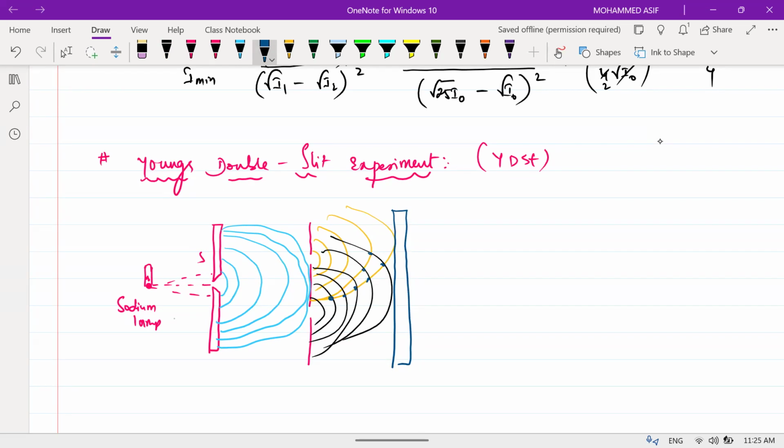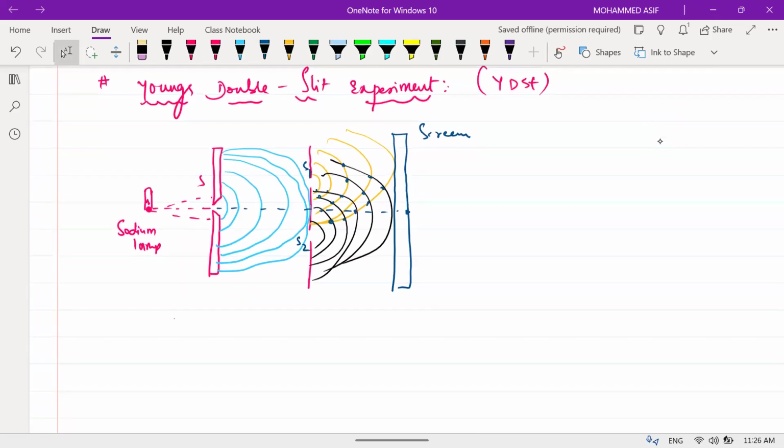This point of meeting will be either a constructive interference or a destructive interference. This is your screen. This is slit S1, and here is a small opening, slit S2. So this is the basic setup of Young's double slit experiment. Clear?